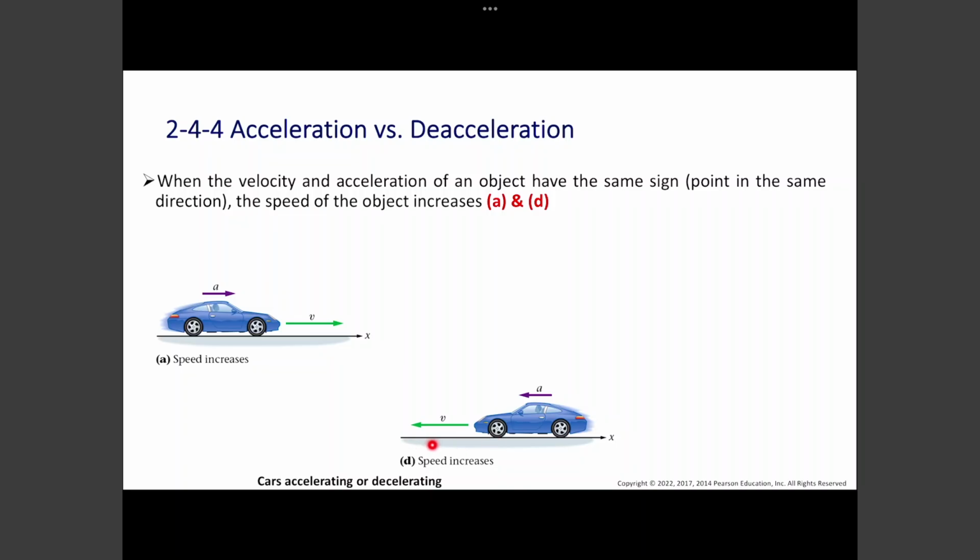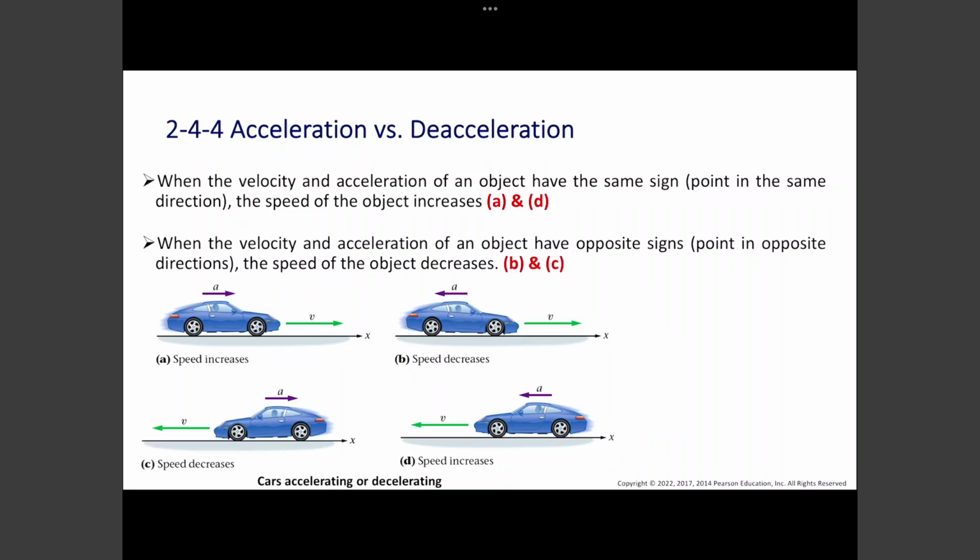So it is accelerating. And when the velocity and acceleration of the object have opposite signs, like in figures B and C, the speed of the object decreases. In figure B, the acceleration is in the negative x direction, velocity is in the positive x direction. So the speed is decreasing. In figure C also, acceleration is in the positive x direction, velocity is in the negative x direction.